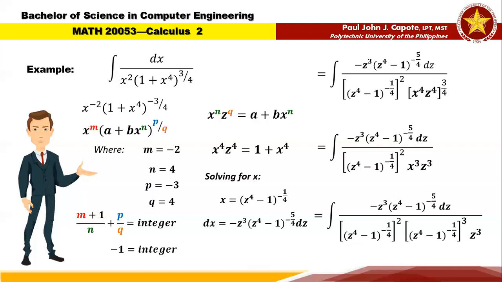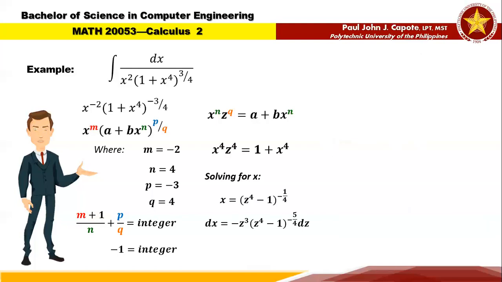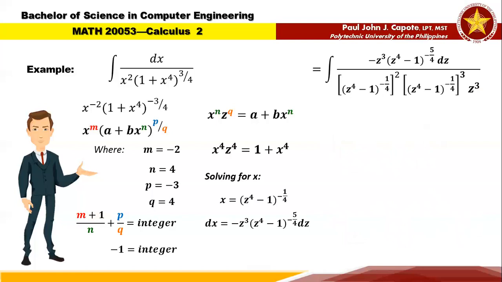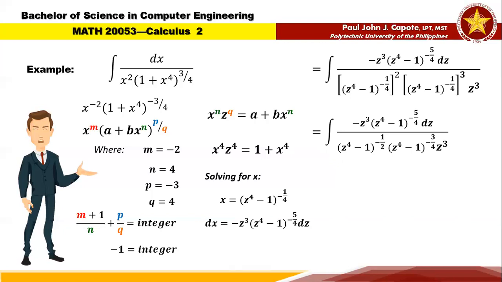One must be very careful in manipulating these algebraic expressions and in applying laws of exponent. In applying laws of exponent to the expressions in the denominator, we get these new expressions.